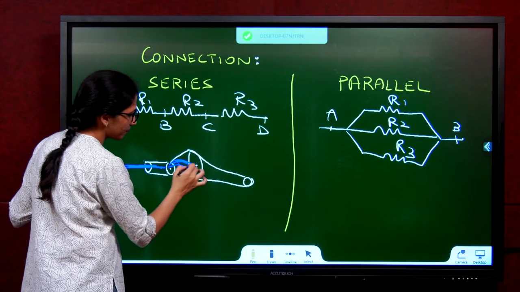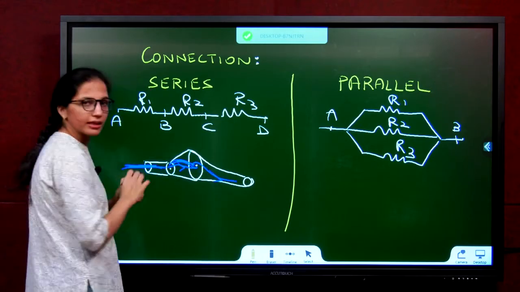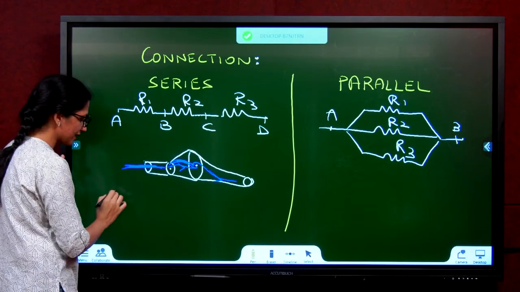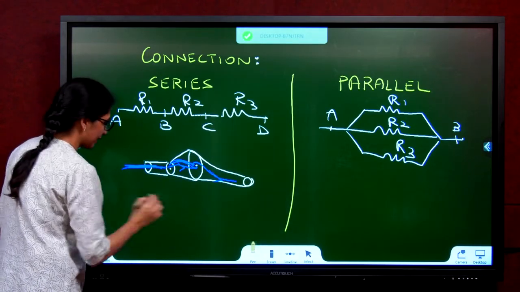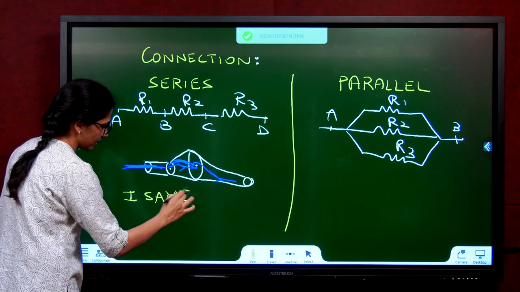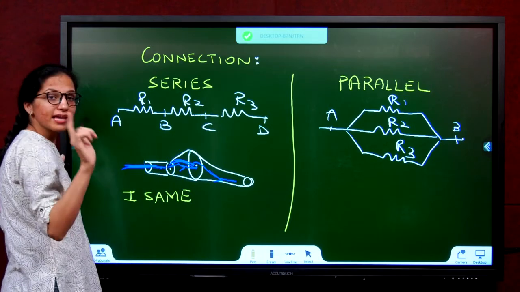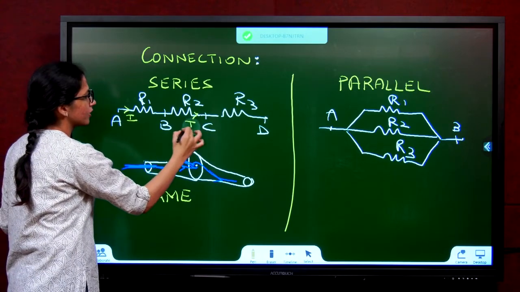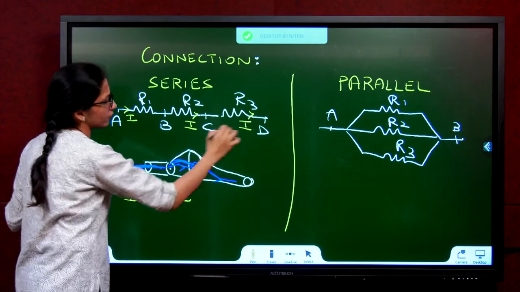Whatever is entering pipe 2 will also enter pipe 3. Do you agree? Yes. Therefore, in this case, we can say that the current is the same. For all the three, you have same current I. I will flow here also, I will flow here also, I will flow here also.